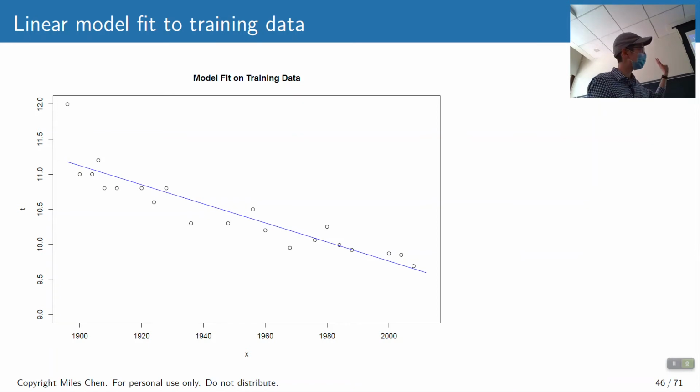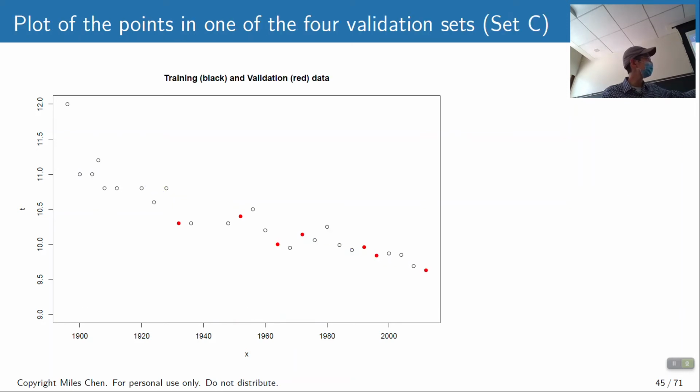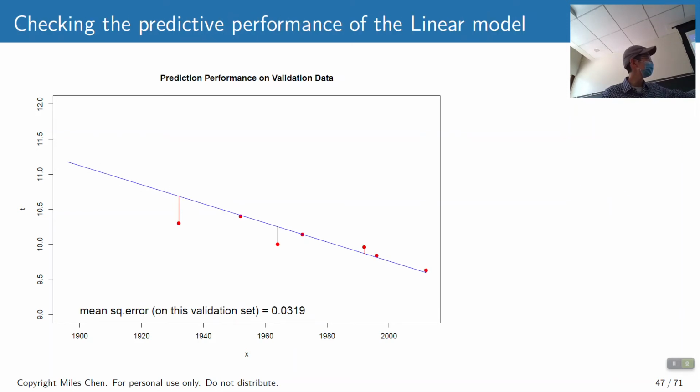We say, what's the best line that we can fit on these 21 data points? This is the line. And then we ask, how well did this line predict the 7 points? Here are the 7 red dots, here's our line, and how well did it predict these 7 points?